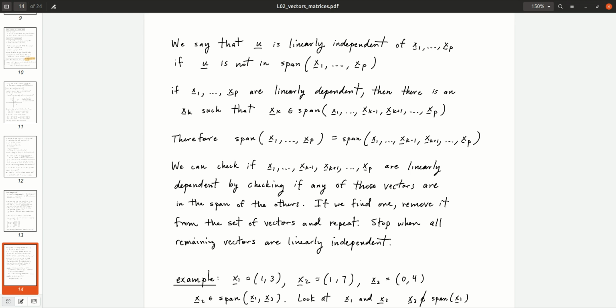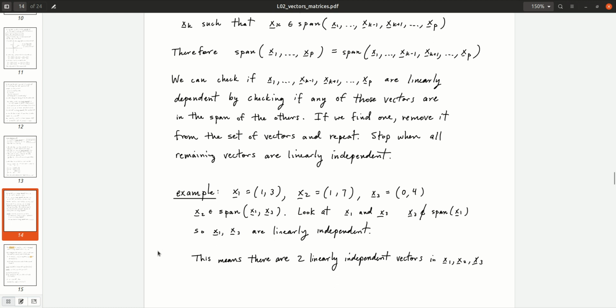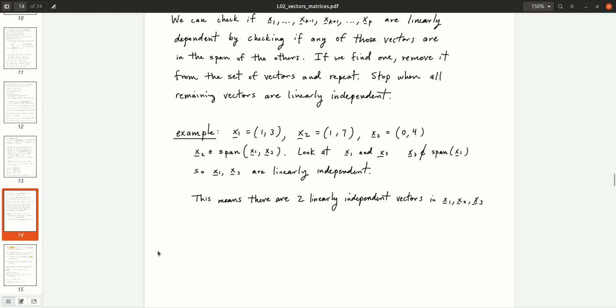If you find one, take it out, just like you did with xk. Then keep repeating this process until you come up with a set of vectors that are linearly independent, which means you can't find any vectors that are a linear combination of the other ones. And then you stop. So now you have a way to check how many linearly independent vectors you have in a set of vectors. Let's see how this works in an example, because the definition is a little bit more complicated than it needs to be.